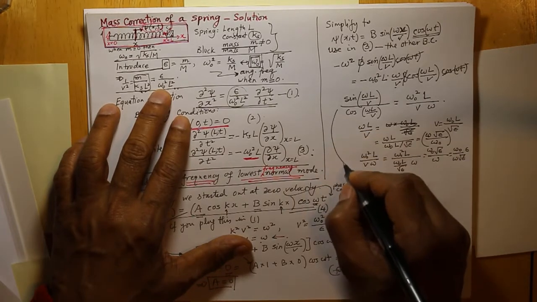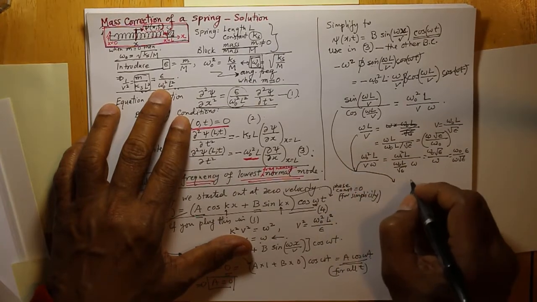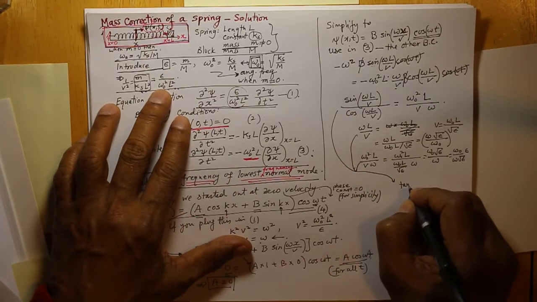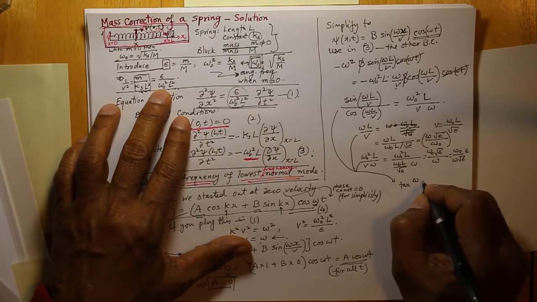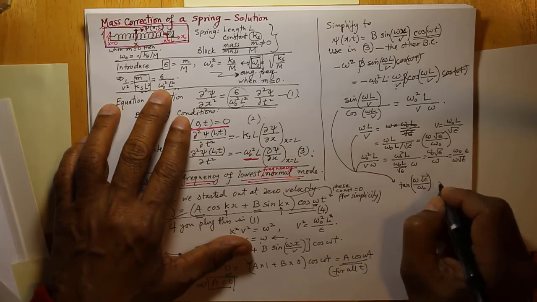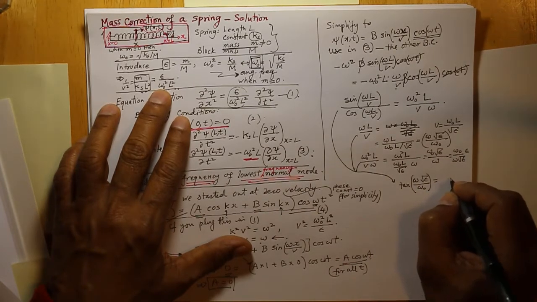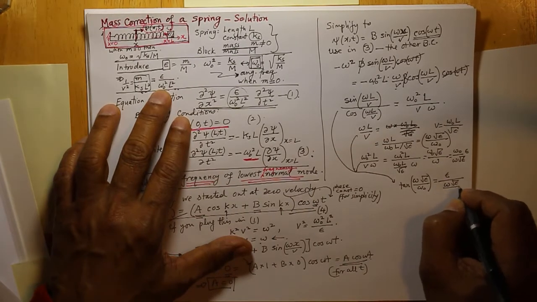So I can write this now using these guys as inputs. Tangent of omega square root of epsilon over omega naught equals epsilon over omega square root of epsilon over omega naught.